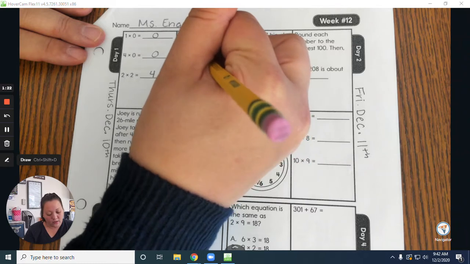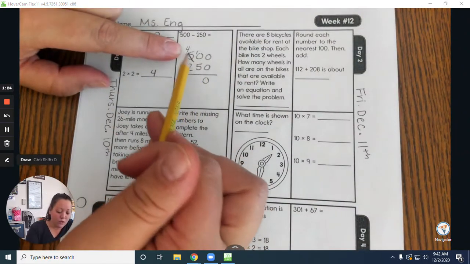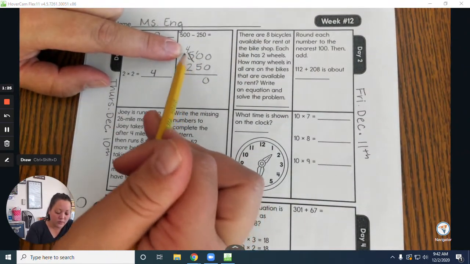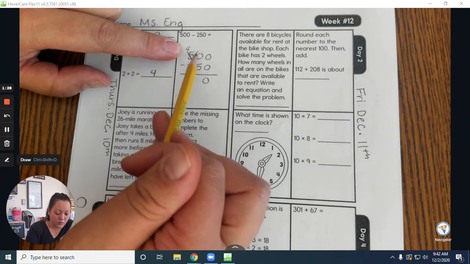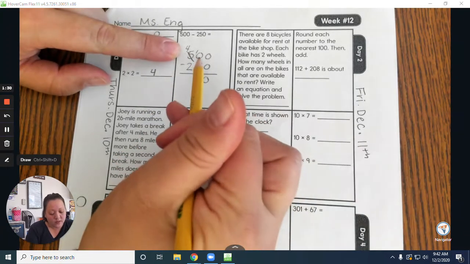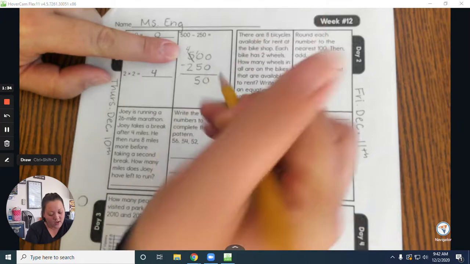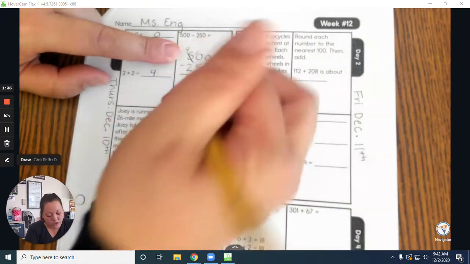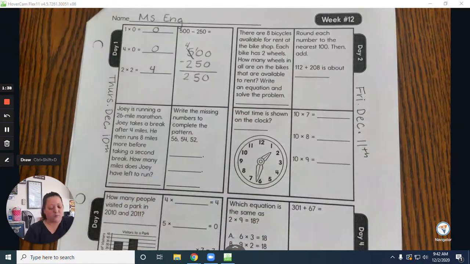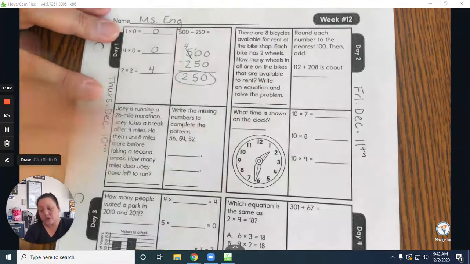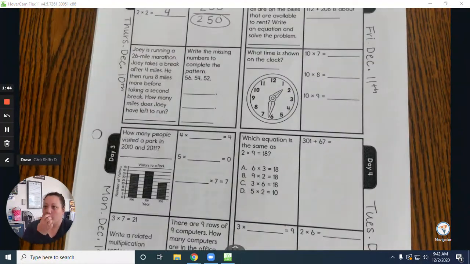So if I have a 40 here and a 10 here, do you see how the 400 plus the 10 right here, and that's where that 5 came from. So now I have 10 minus 5 is 5, and 4 minus 2 is 2. So it's 250. Please make sure you show your work.